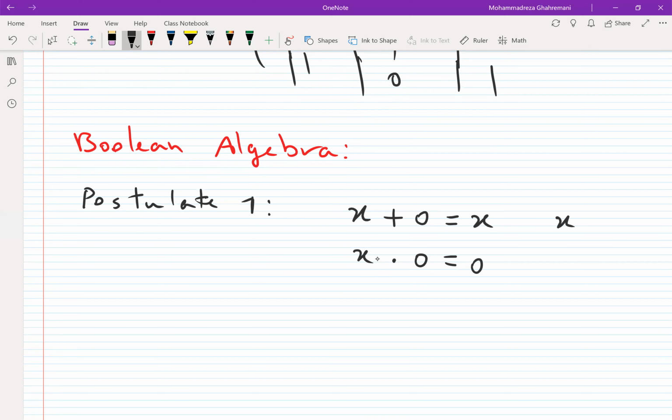Variable x AND with 1 is equal to x, and the variable x OR with 1 is equal to 1. Okay?